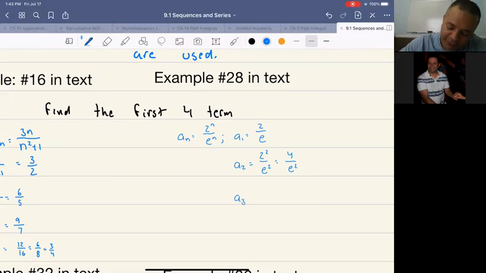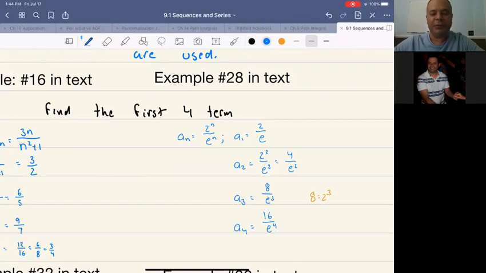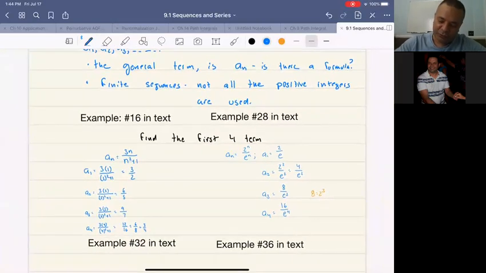A sub 3, I'm going to skip the first step. It's just 8 over e cubed, because remember, 8 is 2 to the third. And a sub 4 is going to be 16 over e to the fourth. I can actually make that one a little bit bigger too.